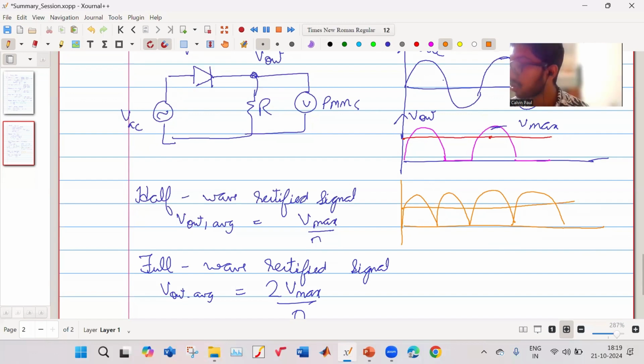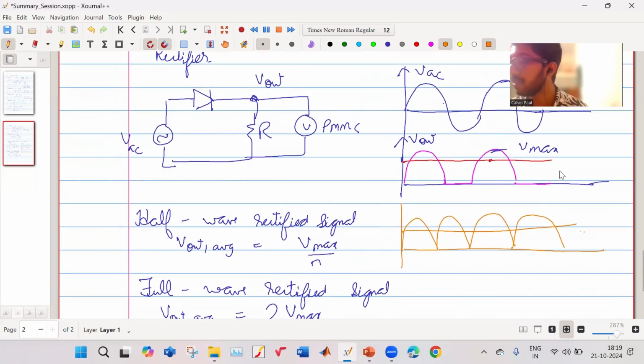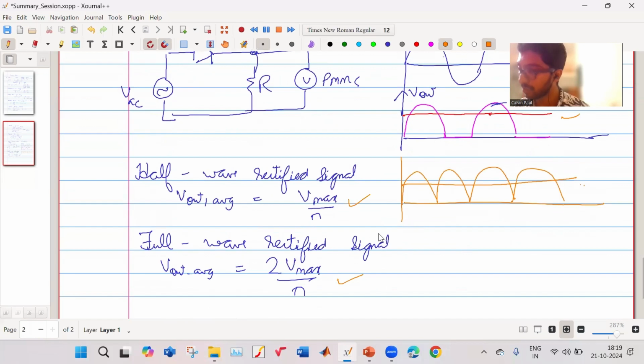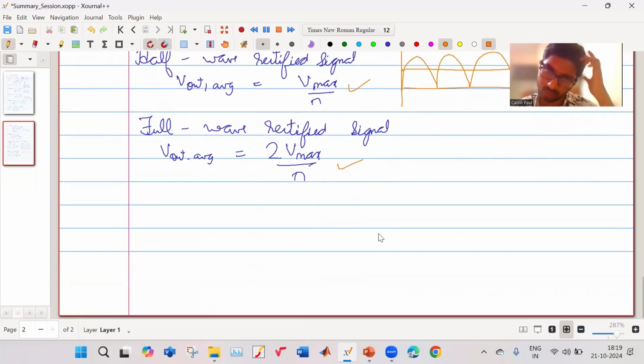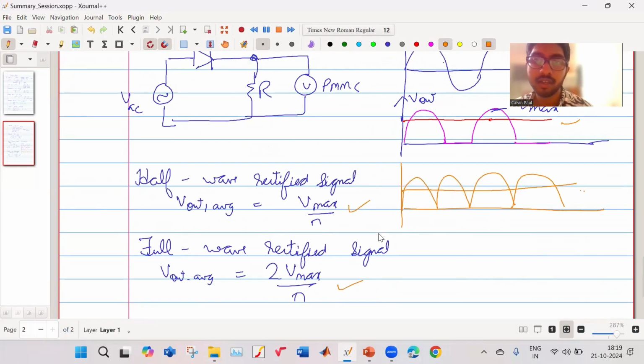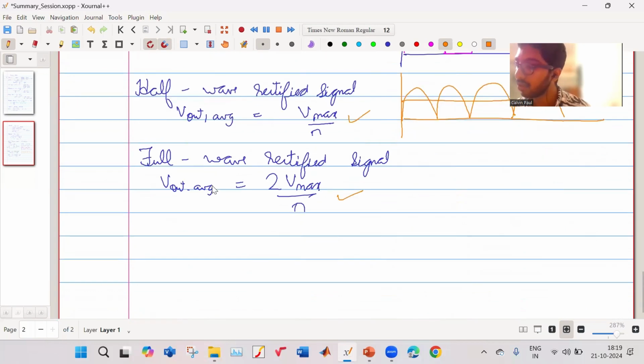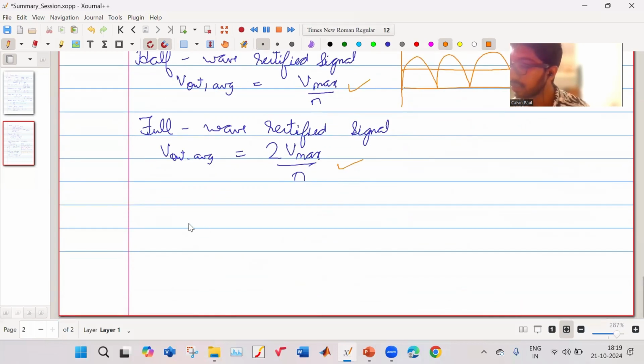So this average is given by 2 V max upon π, and this average is given by V max upon π. This is a formula you can memorize so that you don't need to derive it again in the exam. But if you forget, you can derive it. This is used for half wave rectification. For full wave rectification, we use this one.